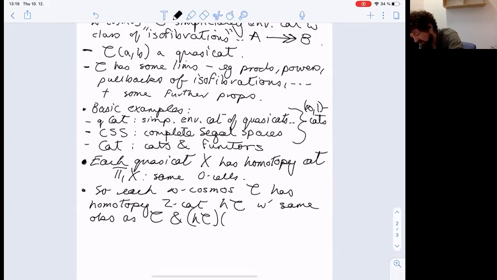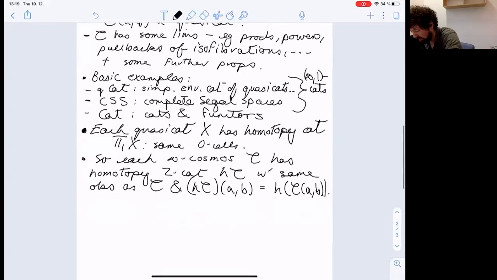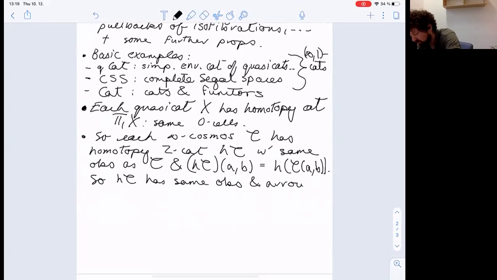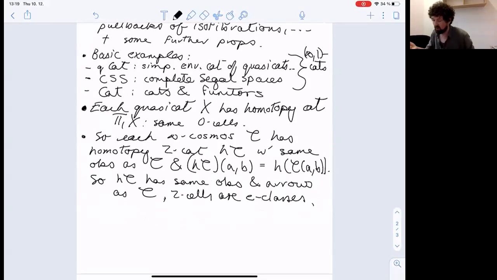We have to say what its hom categories are. We just define these to be the homotopy category of the quasi-category that is the hom. So the important thing is that HC now has the same objects and arrows as C. Its 2-cells are equivalence classes of arrows in these hom quasi-categories.